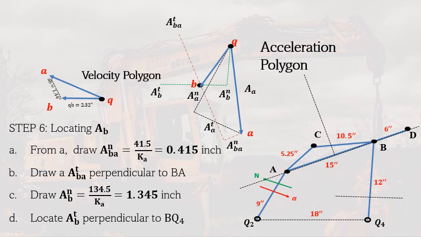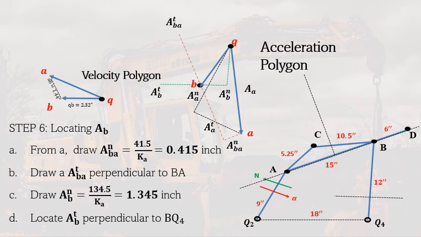Because if we go back to our formula, the acceleration of B is the acceleration of A, which is this arrow here, plus the acceleration of B relative to A normal, plus the acceleration of B relative to A tangential. So you can see it follows the original formula. That's why the intersection represents the acceleration of B.